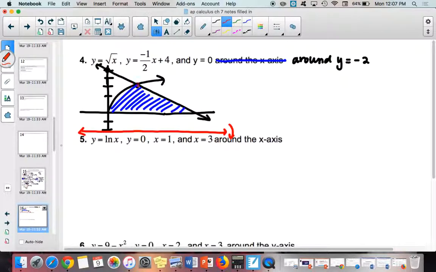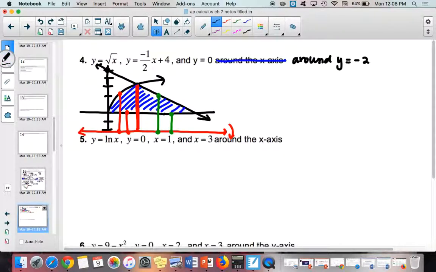Okay, so we're still considering that point right there where everything changes. But do you see how we have an outer radius and an inner radius, and then that outer radius changes? The inner radius is actually the same for the two of them, but see what I'm saying?